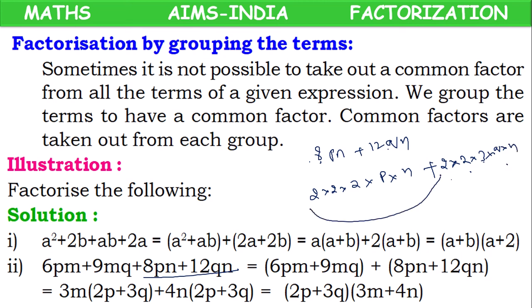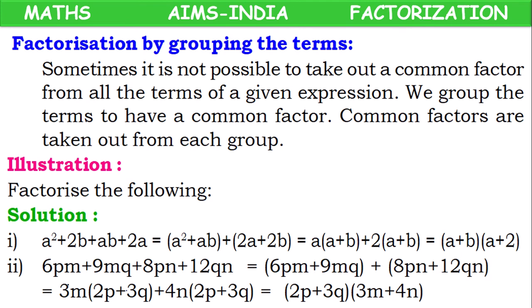So one 2 is common, another 2 is common, one n is common. So 2 into 2 is 4, 4 into n is 4n. So 4n is the common term. We can take 4n out. What will remain here? 2p will remain, here 3q will remain. So 2p plus 3q.